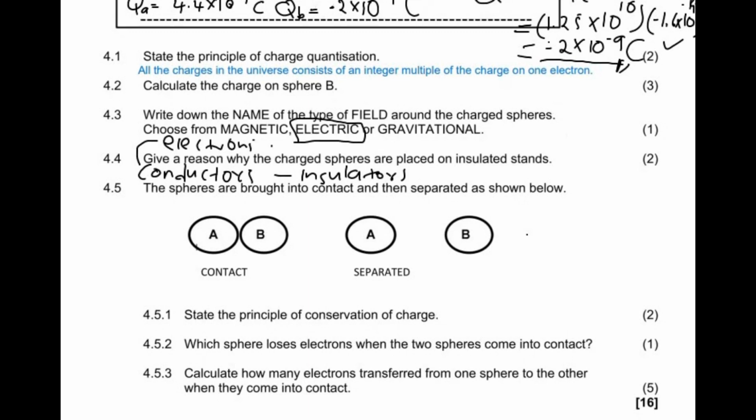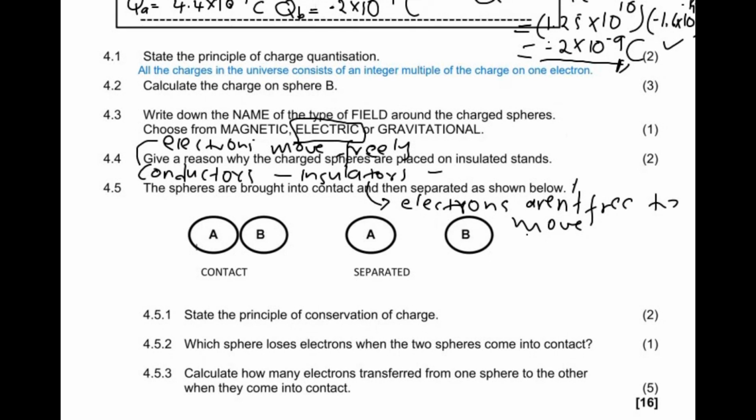Electrons move freely. So examples of conductors can be metallic wires. In insulators, electrons are really not free to move. It doesn't mean that they can't move at all under certain conditions, but it's very difficult. So they aren't free to move. So that is the main distinction. An example of an insulator will be a material like glass or rubber or even plastic.